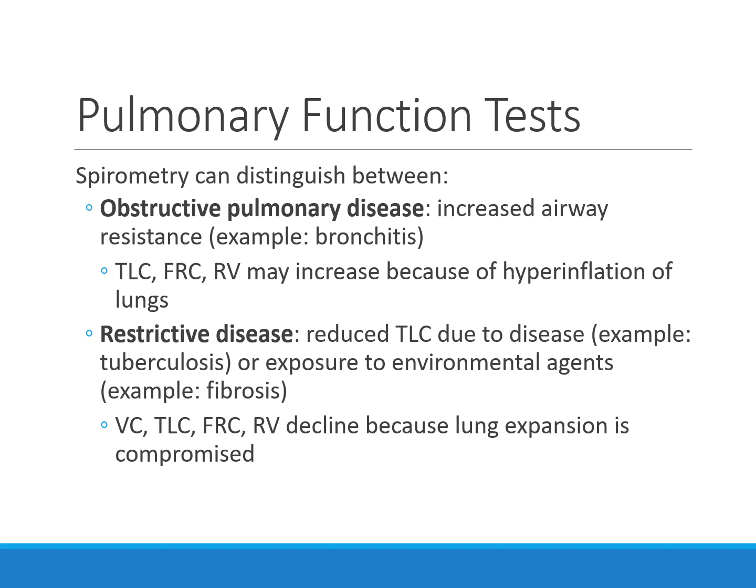If you have a restrictive disease, things like tuberculosis or exposure to some type of environmental agent that causes fibrosis, you have a reduced total lung capacity. Your vital capacity, total lung capacity, functional residual capacity, and residual volume are going to decline because lung expansion is compromised. So they can do these tests and differentiate between an obstructive and a restrictive pulmonary disease.